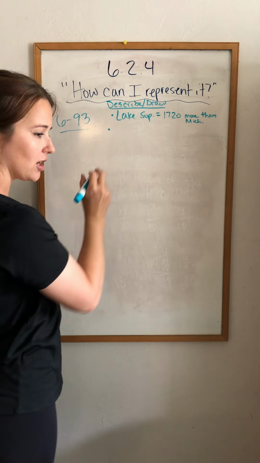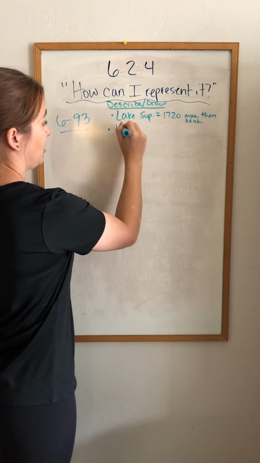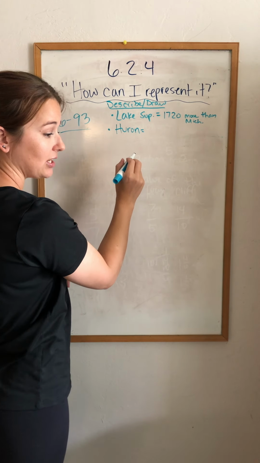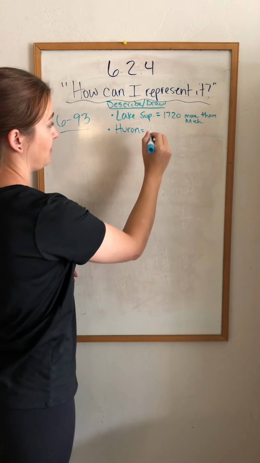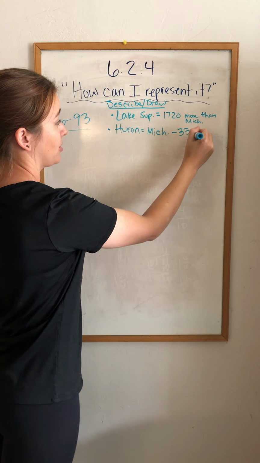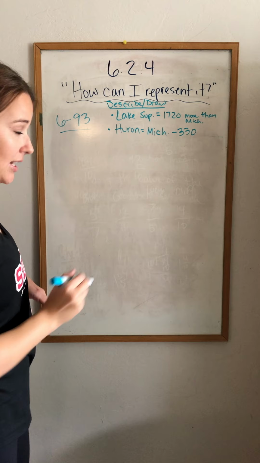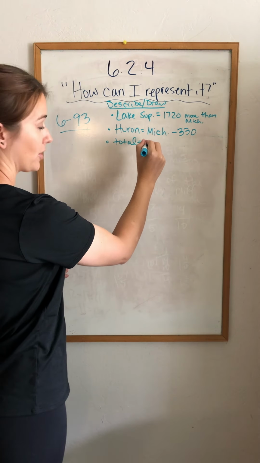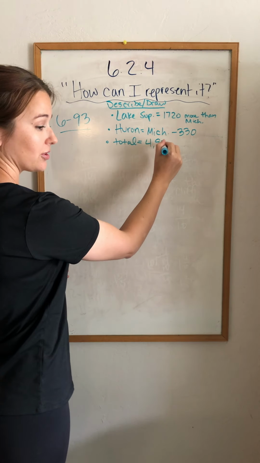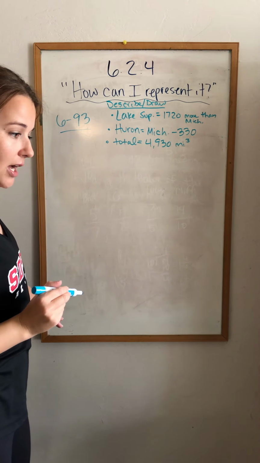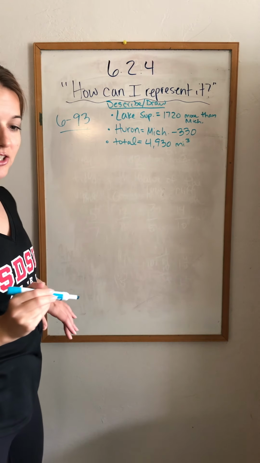Lake Huron has 330 miles of water less than Mich. So Michigan minus 330. And the total amount is 4,930 cubic miles, which would look like that. How much water is in each lake?